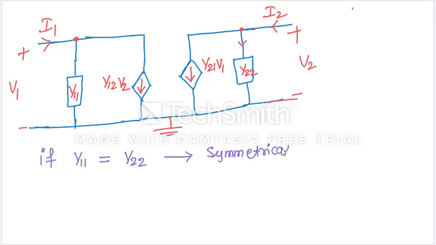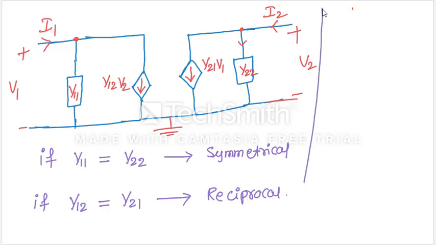Next, if y12 equals y21, then the network is said to be reciprocal. Same as earlier with Z parameters.